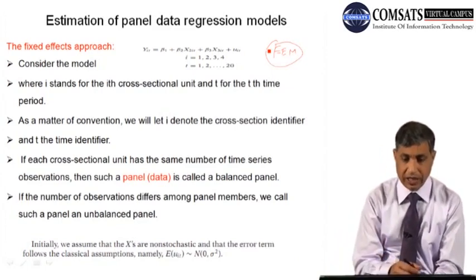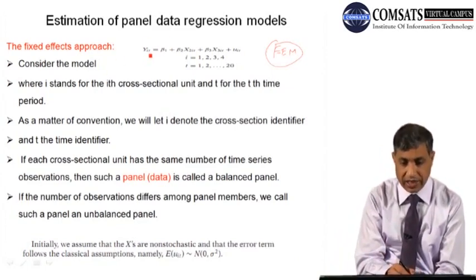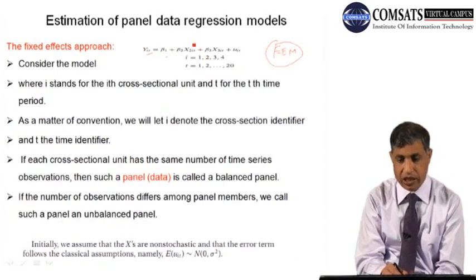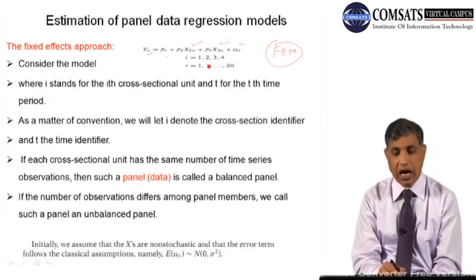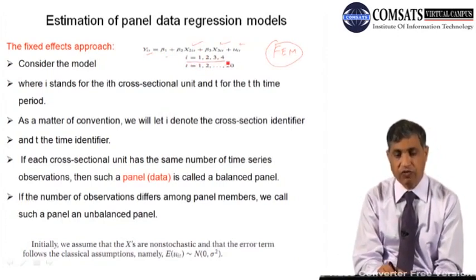Consider this model. Look at Y_it, beta 1, and so on, where i goes from 1 to 4.